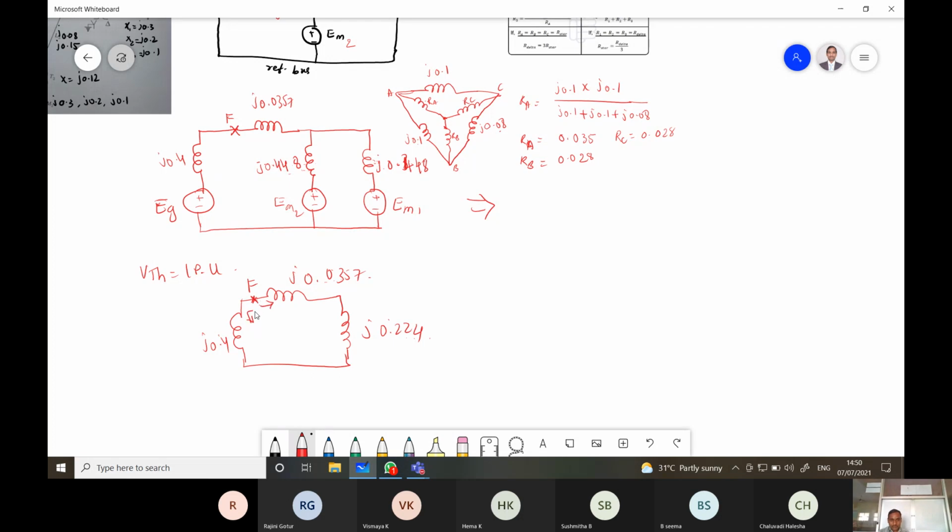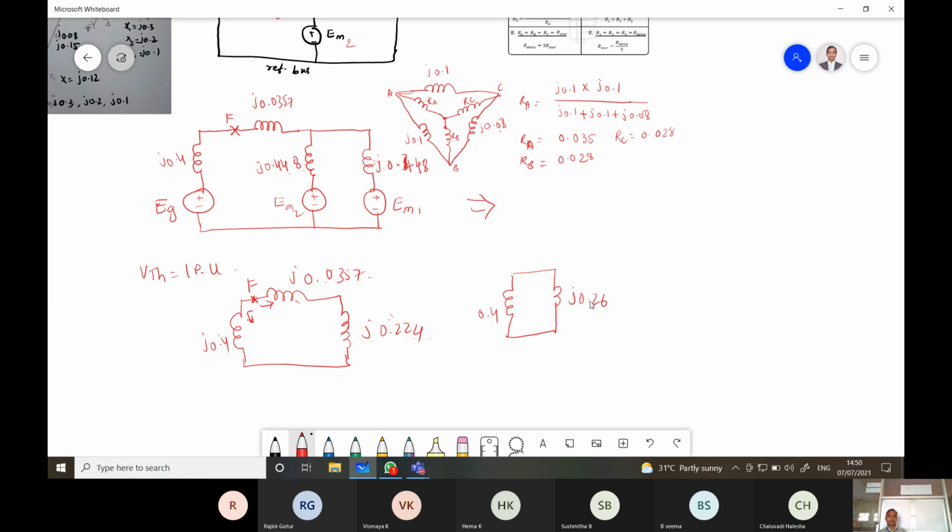When the current is dividing, that means it is a parallel circuit. So these two are in series and parallel with J0.4. How much is it? 0.4.